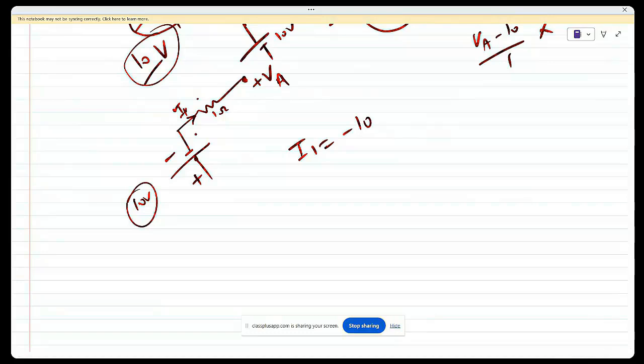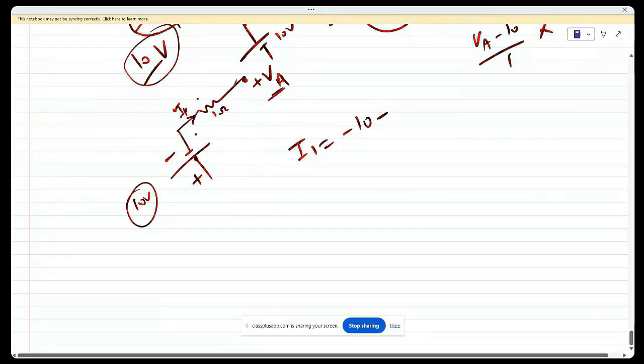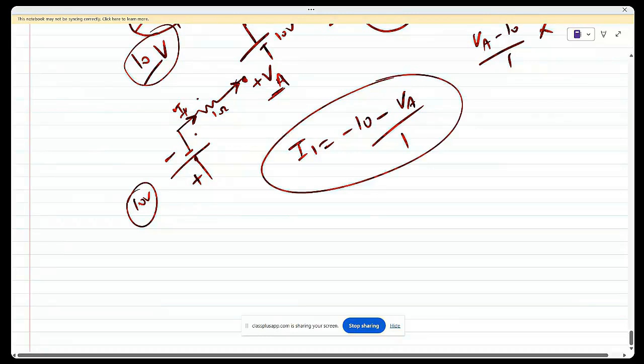That's why minus 10. Now what about this VA? What is the property of this plus? The current should release from this plus sign, but current is coming to this plus sign, so this will be your equation 5. We will keep on practicing writing the KCL equations, because this plus and minus sign is very important.